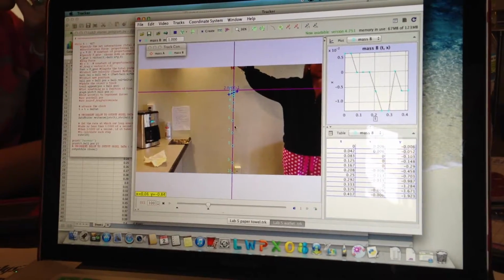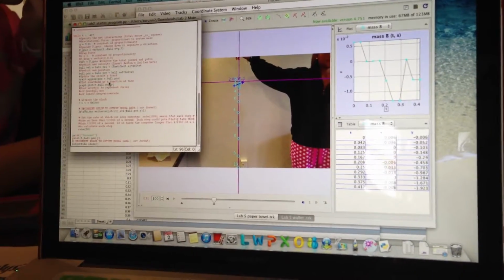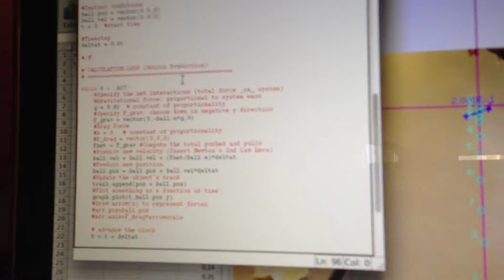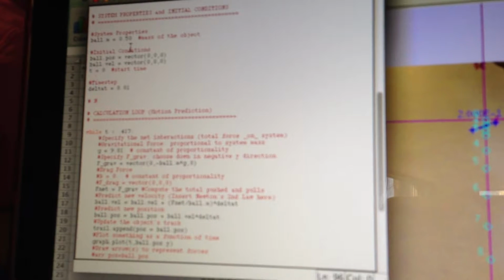So once I've analyzed these in Tracker, I went to my VPython program, and this was my computational model that I used. The first thing I had to do was set the mass of my object. So for this instance, I used the mass of my wallet, which was about 0.50 grams, and then my ball position, I'm just using that vector as 0, 0, 0, and same thing with the velocity, since these are just starting at an initial time.